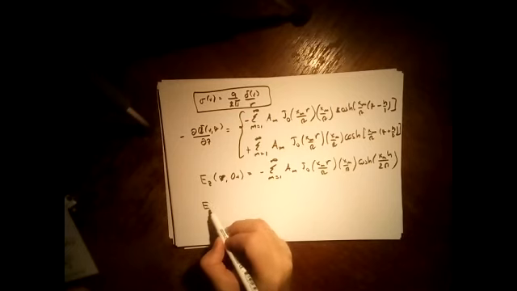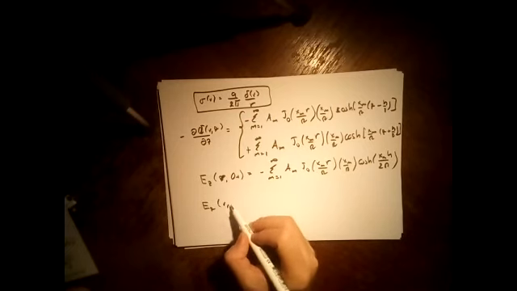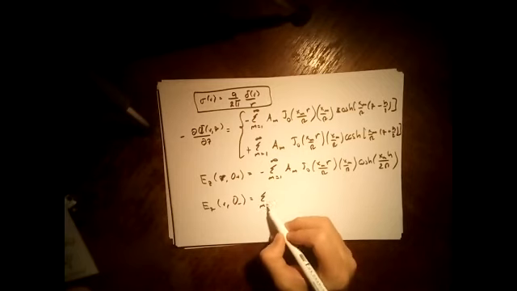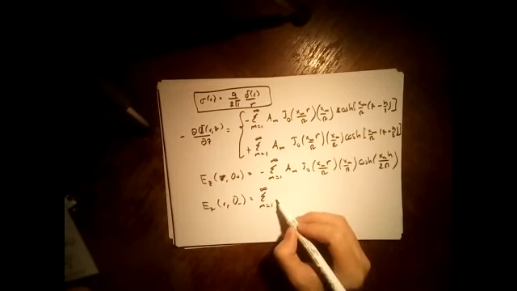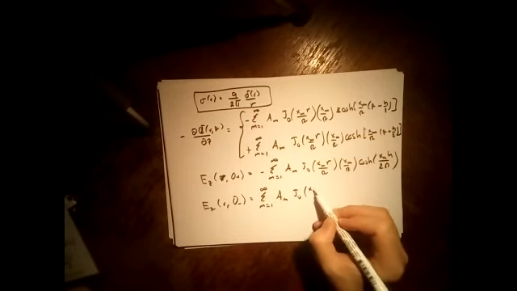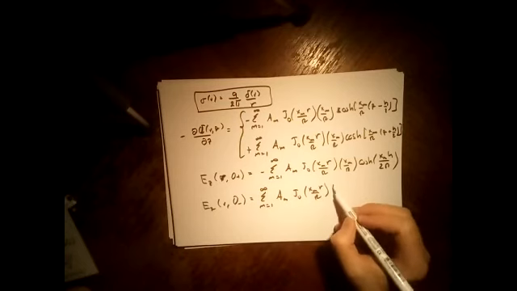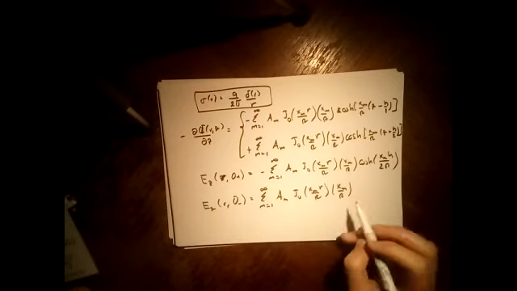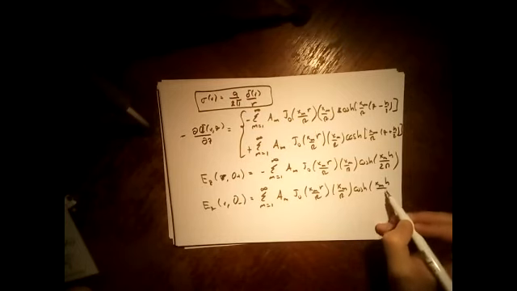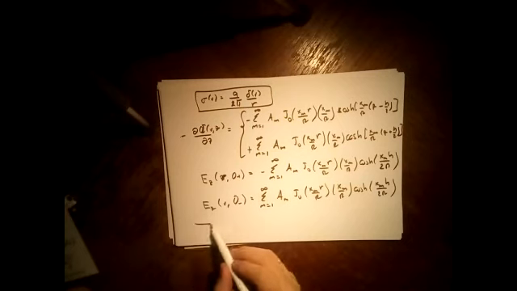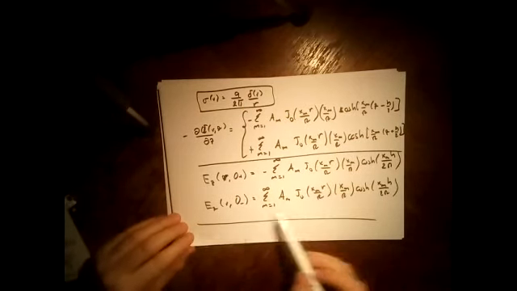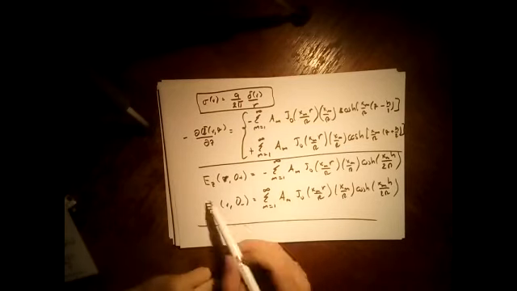And then I'm also going to have E_z at 0 minus, which is the sum over m equals 1 through infinity of a_m J0(x_m r/R). Again, it's x_m over R, hyperbolic cosine of x_m h over 2R.